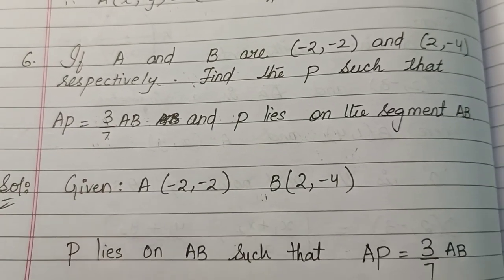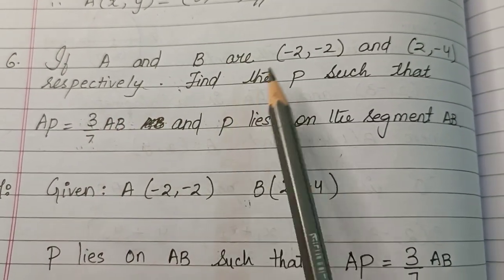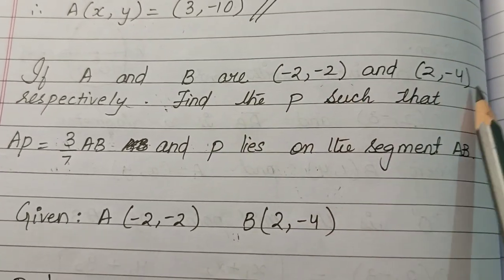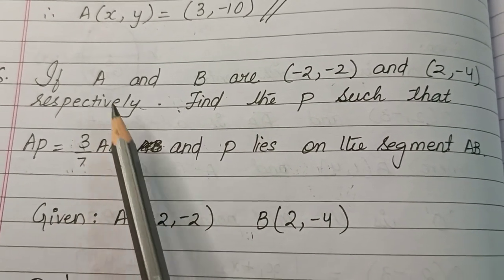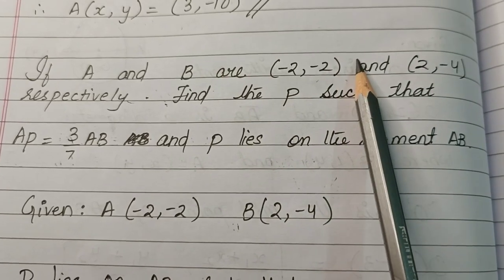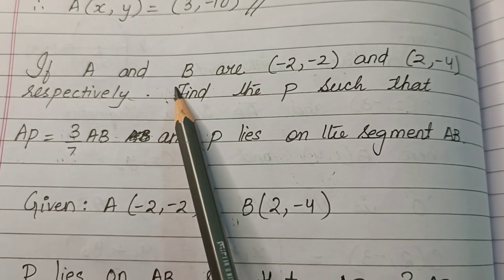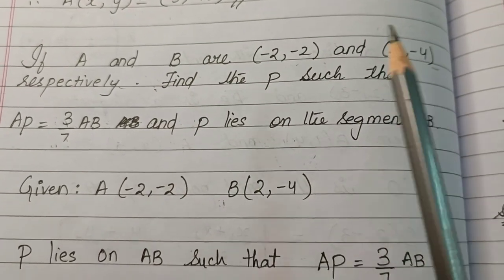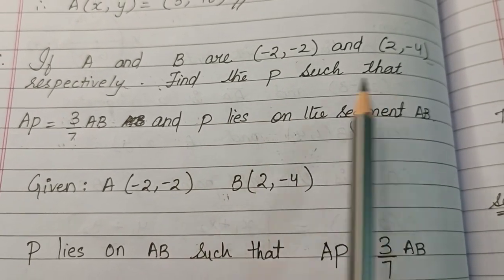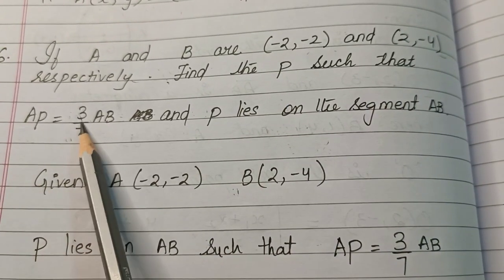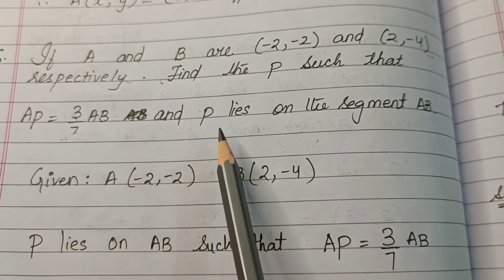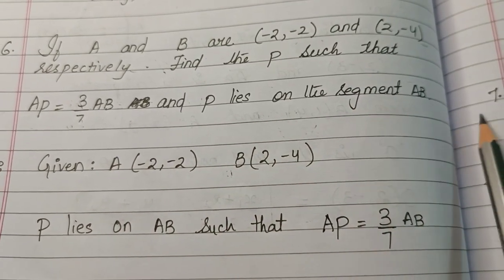Question number 6. If A and B are (-2, -2) and (2, -4) respectively. Respectively means the first point is for A and the next point is for B. Find P such that AP = 3/7 AB and P lies on the segment AB.